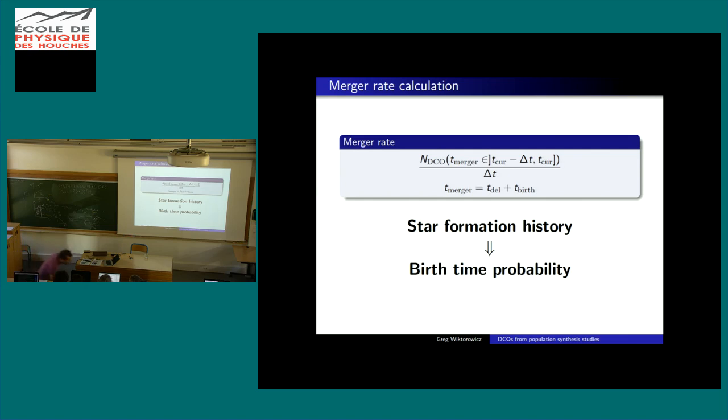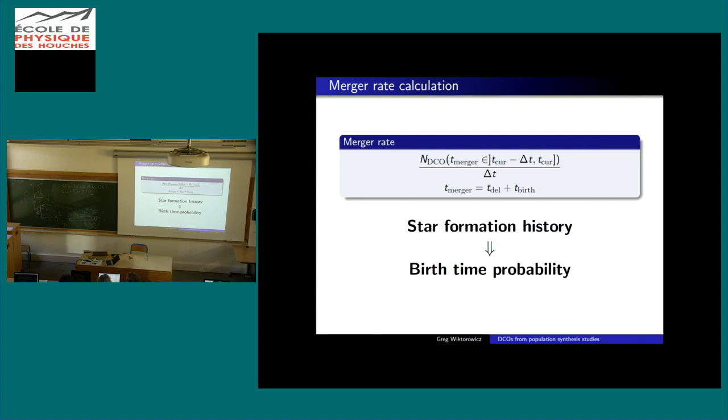If it is within these limits, this T merger, which is calculated like T delay plus time of birth, and time of birth we need to get from the star formation history, which for this simple approach we can assume is constant throughout 10 gigayears, so any birth time is equally probable.